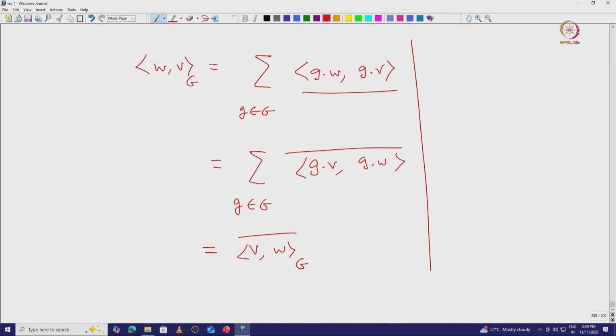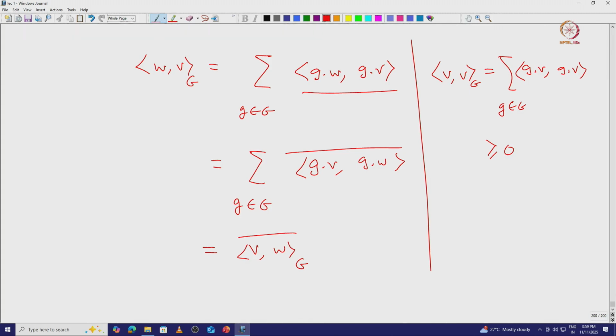Okay. So, now what happens if we take inner product V comma V over G. Then this is exactly equal to the summation over g in G of g dot V comma g dot V. Since the standard inner product u comma u is always non-negative, that would imply that this is non-negative.